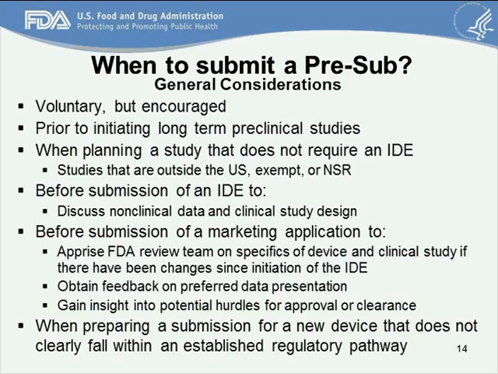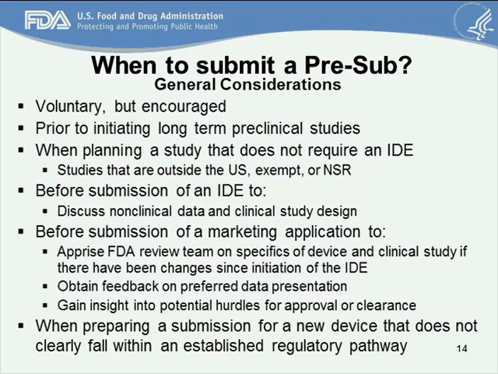To obtain feedback on preferred data presentation, this is especially important for PMAs, especially with the statistical data. The pre-submission process gives an opportunity for sponsor statisticians to sit in the room with FDA statisticians and speak their language directly to one another and make sure that both parties understand what needs to come in the submission and how it should be presented to optimize the review process.